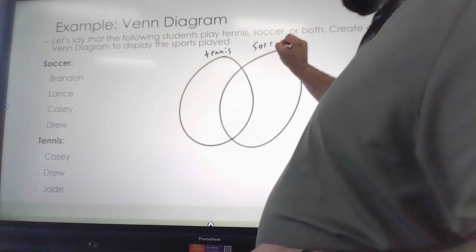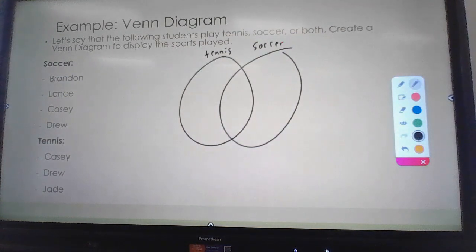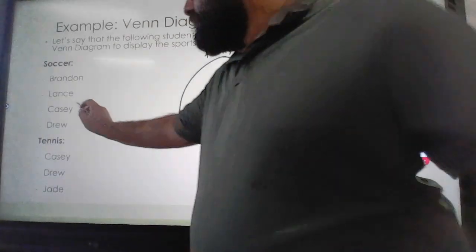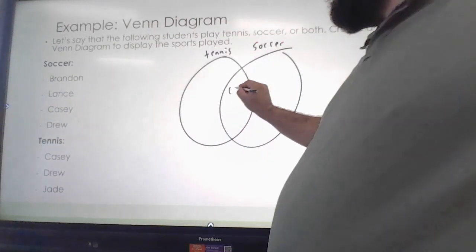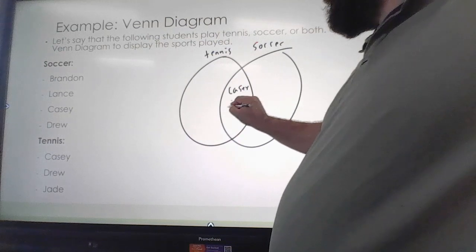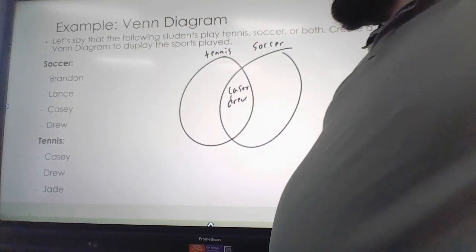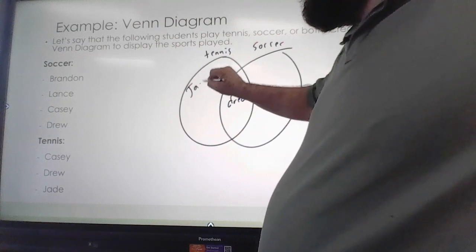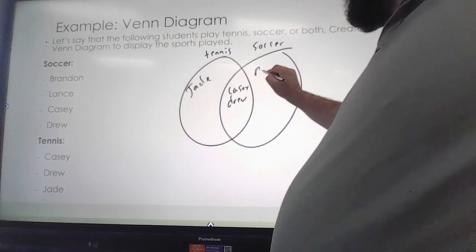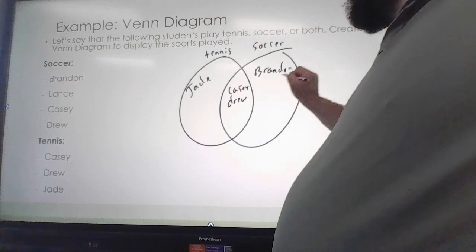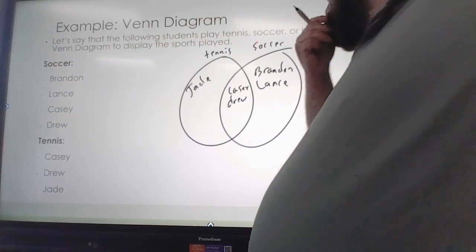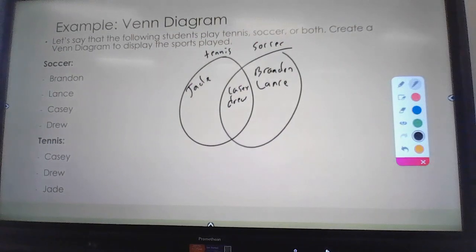This will be soccer. And if I were to put people in categories, I can see that these two people, Casey and Drew, both play tennis, so I'll put them in the overlap. And then Jade plays tennis only. The other two, Brandon and Lance, play soccer. Okay, again, that's an example of a Venn diagram.